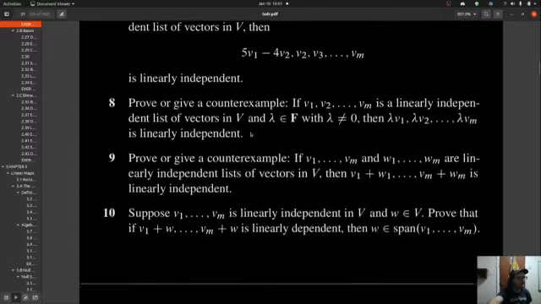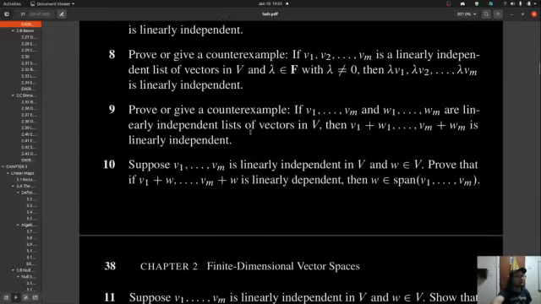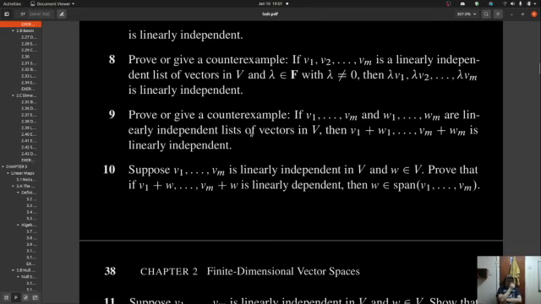There's 17 here. Now, 9 took us a really long time, and we were trying to prove it. I think we're going to try to disprove 9 this time.